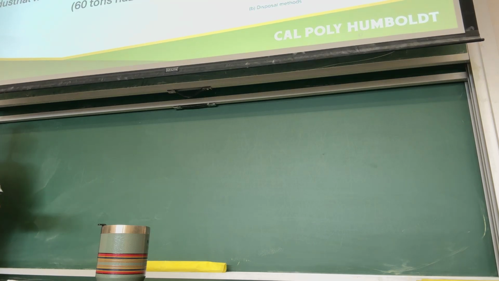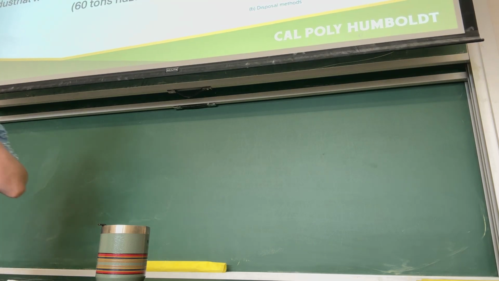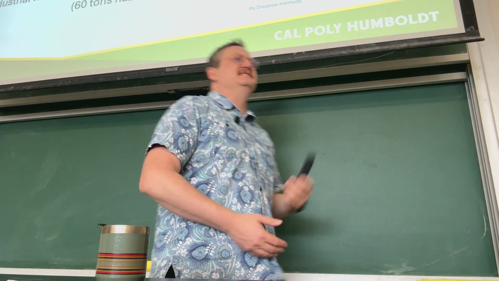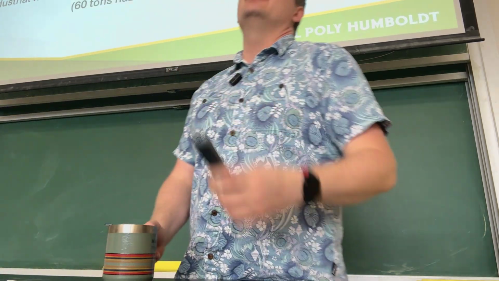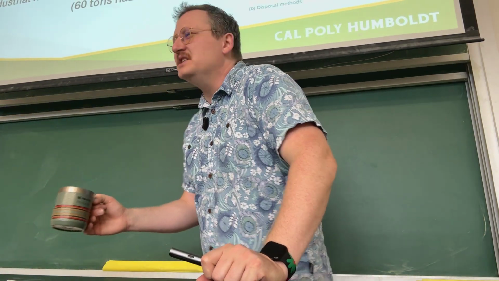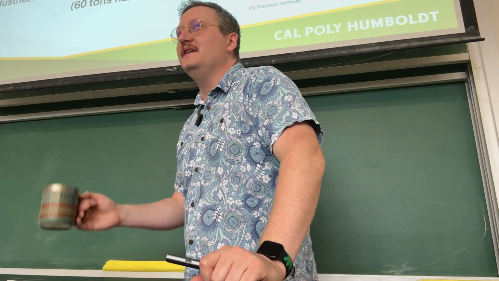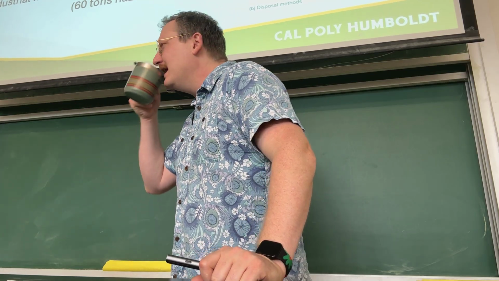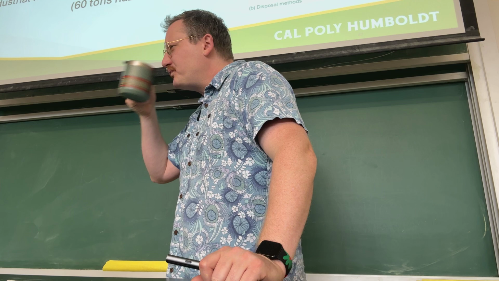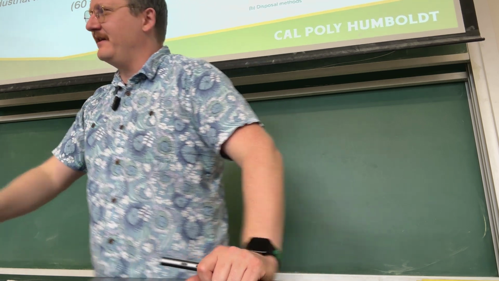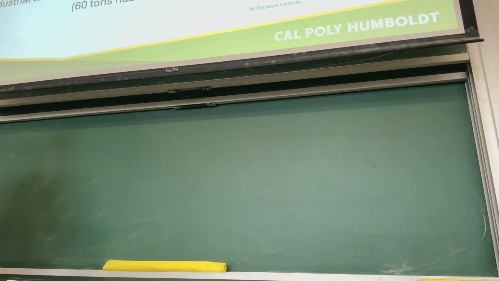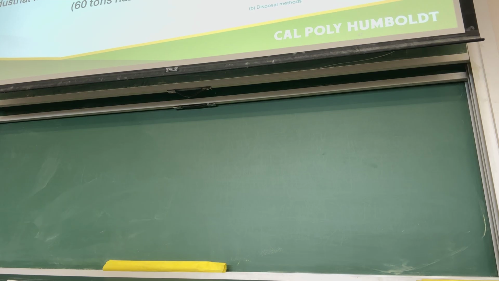So waste products. This is where we're going to talk a little bit about recycling, which is a good case study in how we deal with these issues. So waste. We've got these figures here. These are municipal solid waste figures.